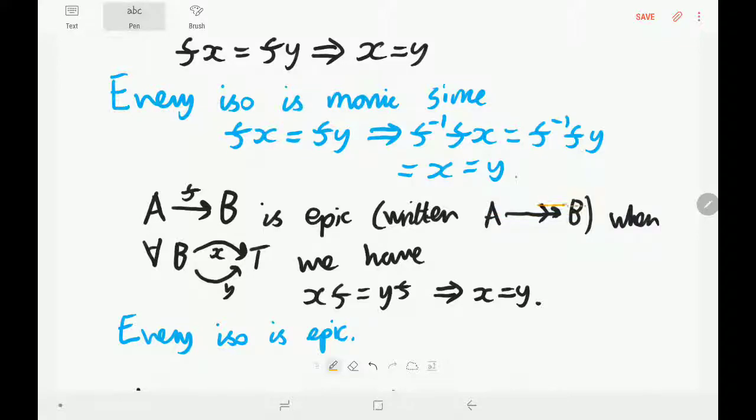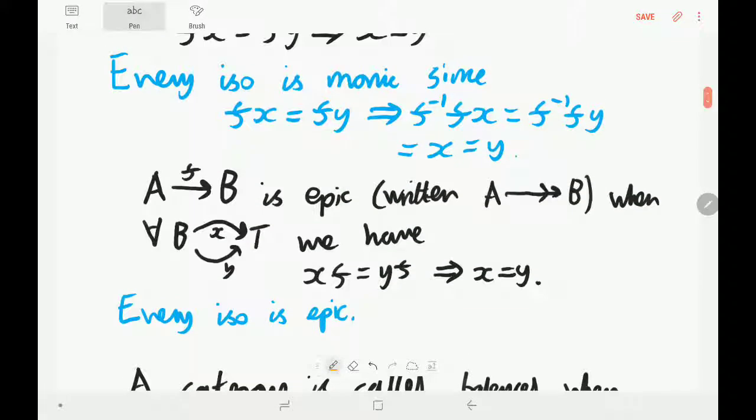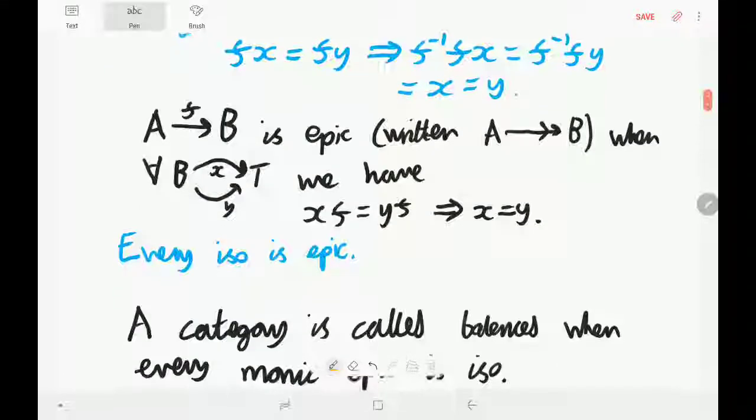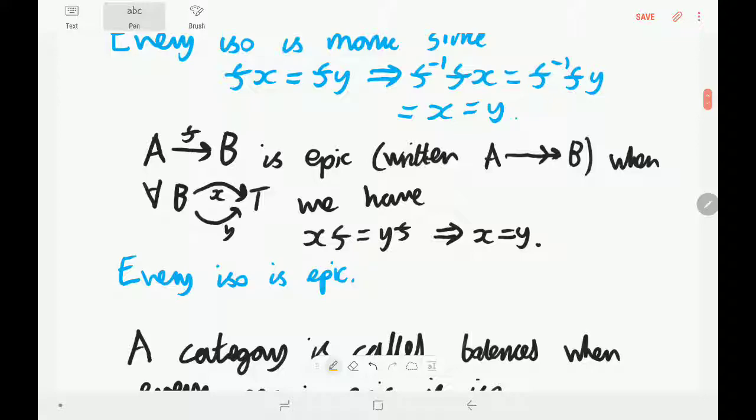This is an epic from A to B, this F, and it's characterized by the property that whenever we have two parallel arrows, X and Y, coming out of B, we have XF equals YF implies X equals Y. Of course, every iso is epic. Again, we can see that by composing on the right-hand side with the inverse.